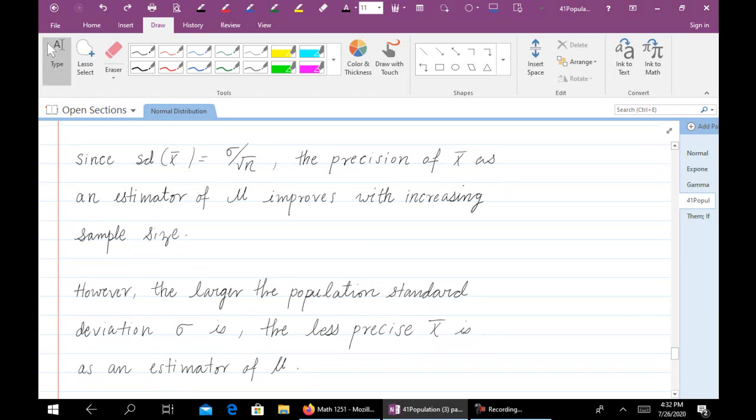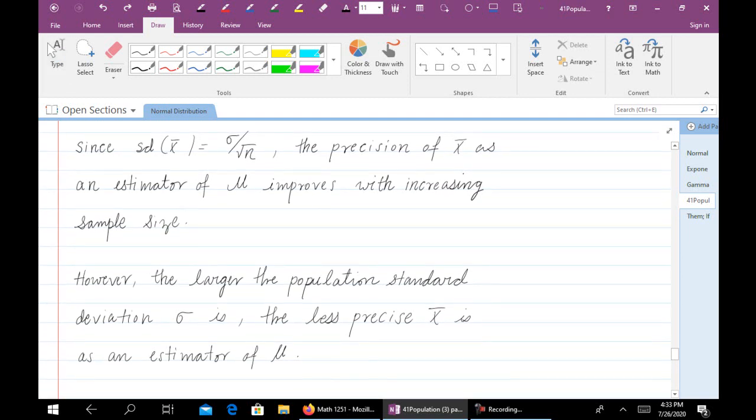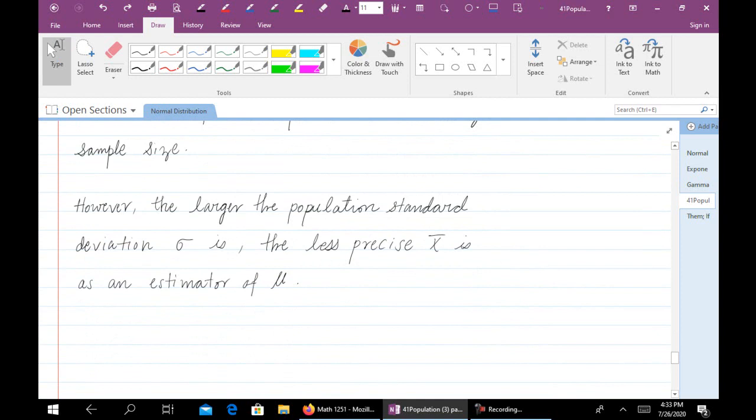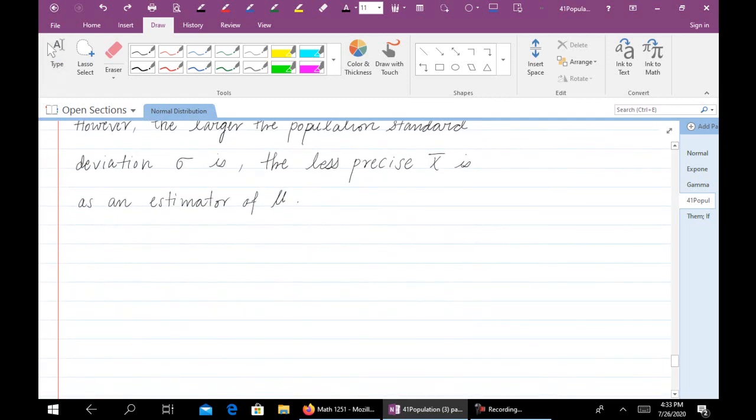So if the population standard deviation sigma is small, then you don't need a big sample size. But if the population standard deviation is big, then you need a bigger sample size to have a good approximation of the population mean from the sample mean.